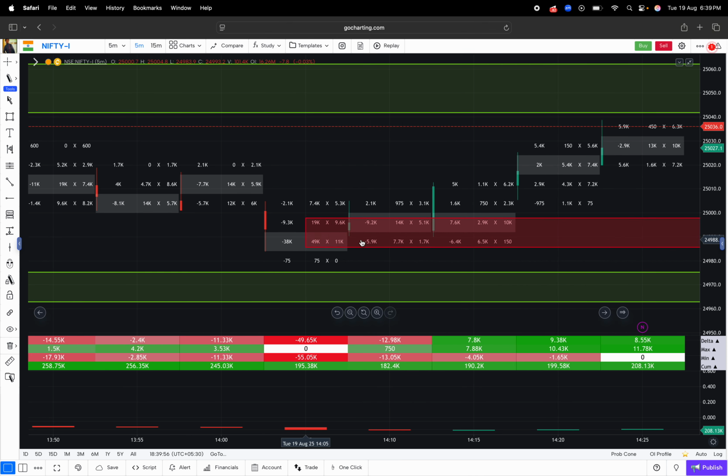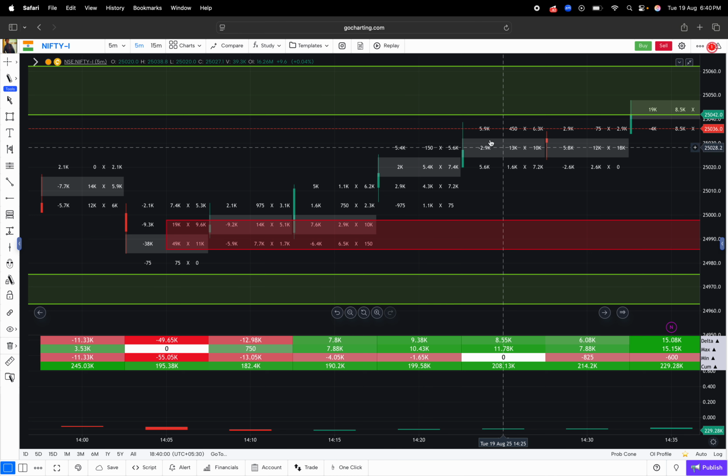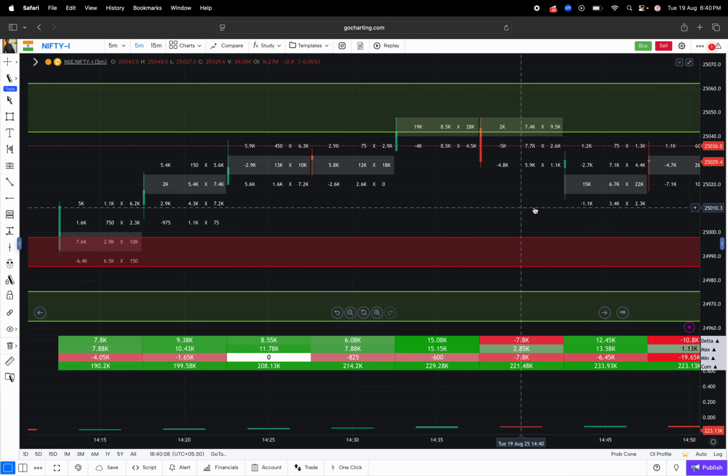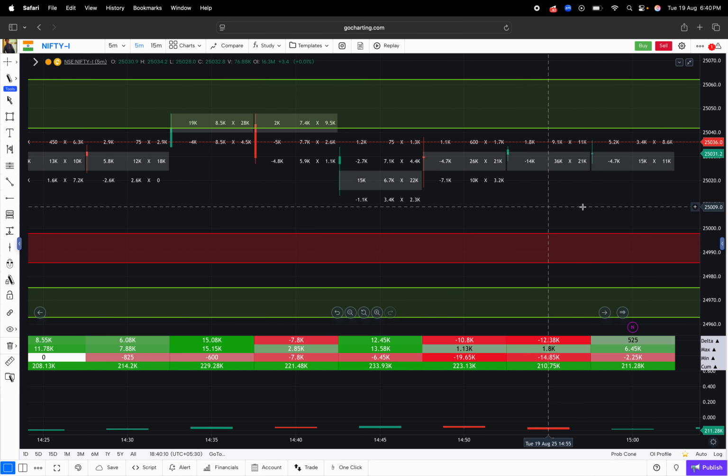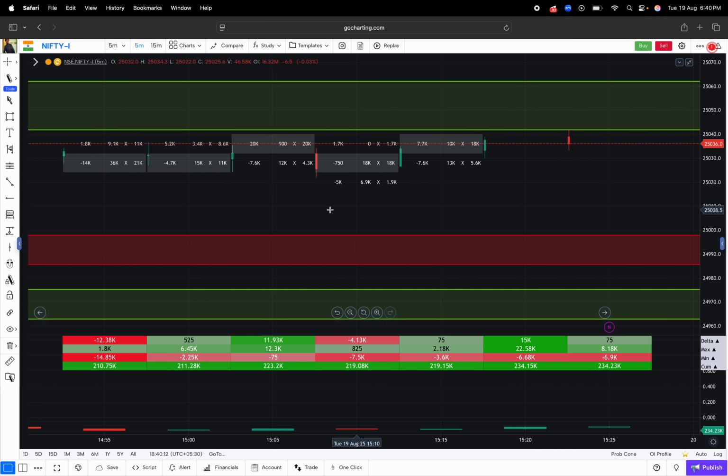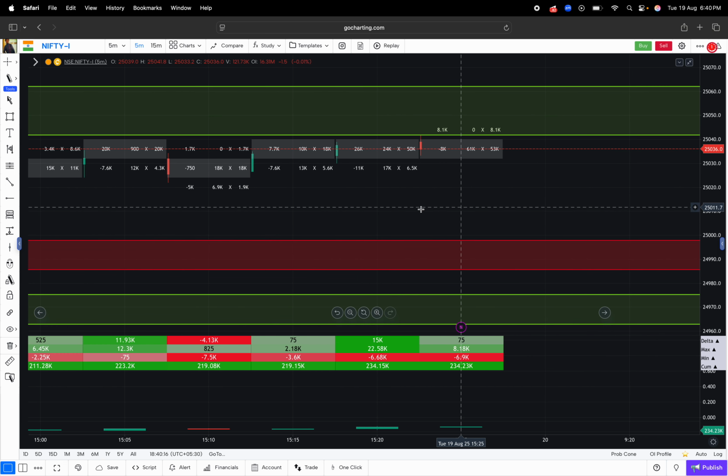It got absorbed, and the price went back again to that particular absorption area. So from one absorption area to another absorption area, and so on, the market closed in this region. After that we don't see enough delta.